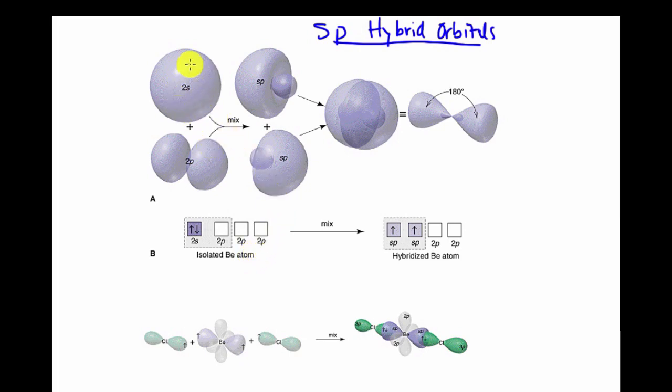And when we have my 2s, 2p comes together, we get this sp thing, and this is another one, and these join together. So we have the 2s, 2p come together, they make an sp and an sp. Then they join together and they create these new lobes known as an sp hybridized orbital system.